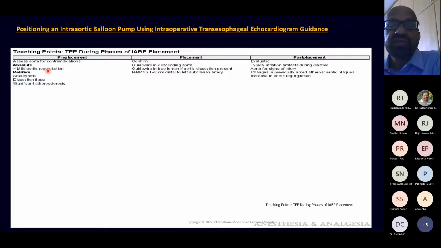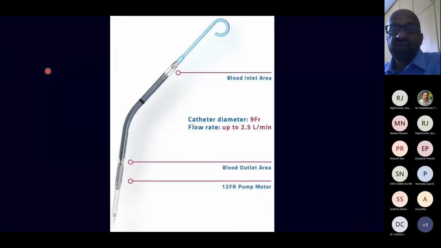And the guide wire in the descending aorta can be discerned during the passage, and the IABP tip should be 1 to 2 centimeters distal to the left subclavian artery, as already pointed out. The evaluation of IABP should include monitoring of the patient precisely for ischemic changes and the timing of inflation and deflation.